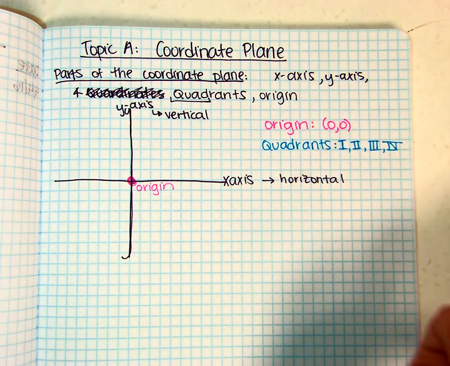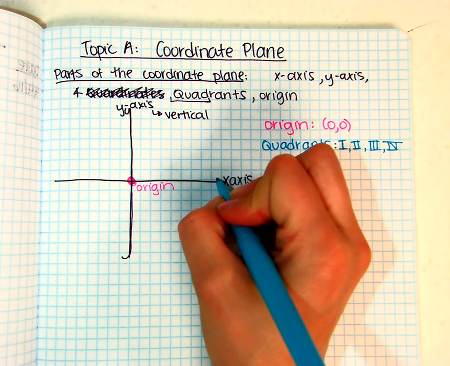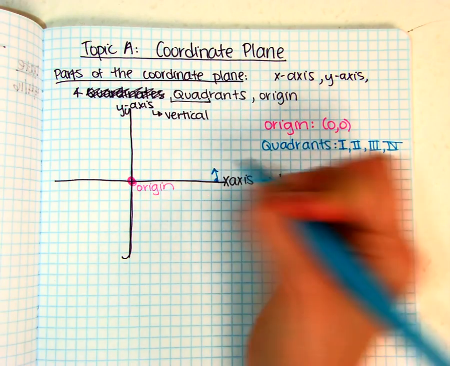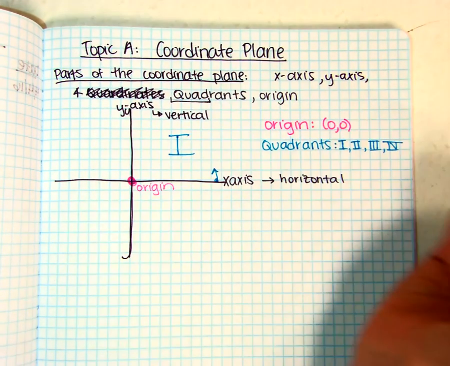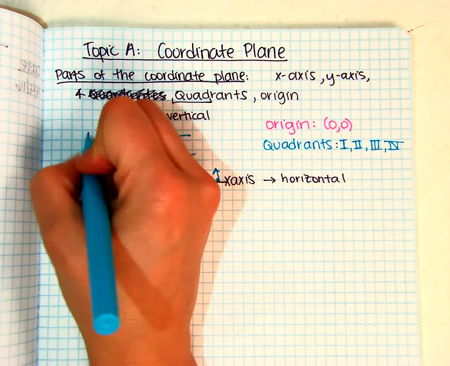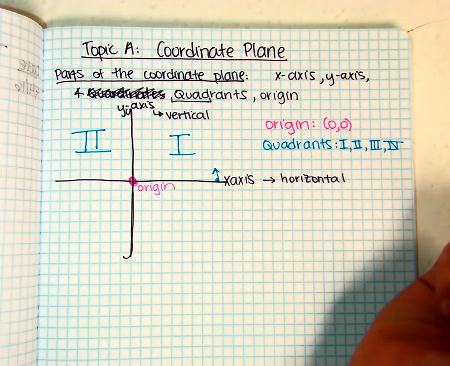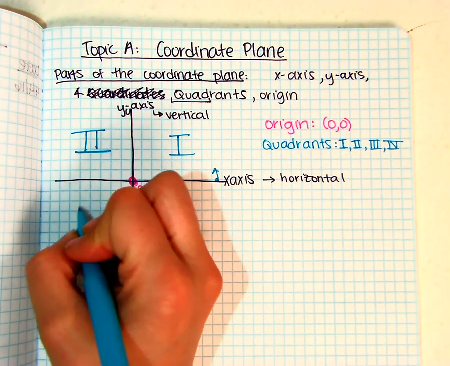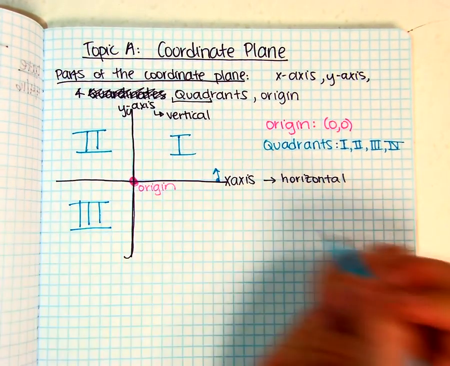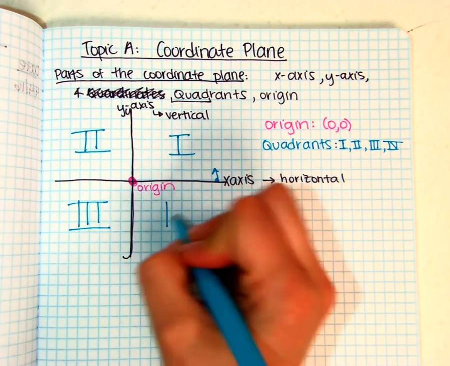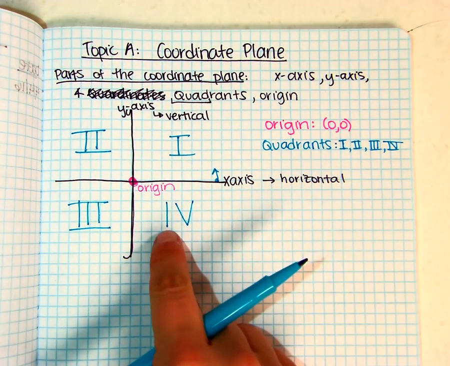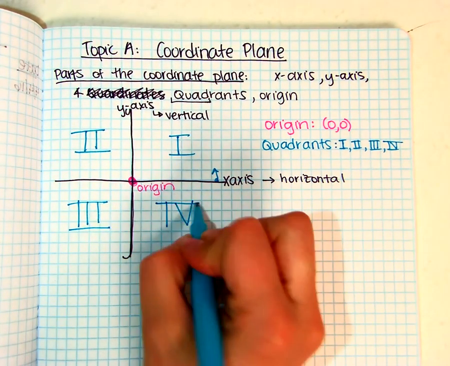So we start here and we go this way. So this is going to be quadrant 1. This is quadrant 2. This is quadrant 3. And this is quadrant 4. So I'm going to do like an I with a V, and then I just connect them up top and down below.